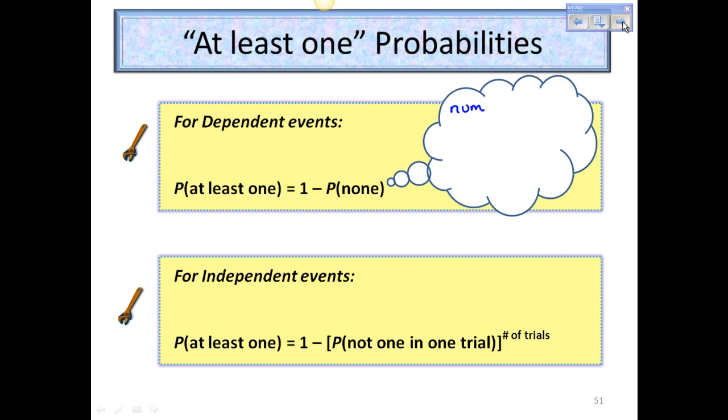So think numerator and denominator are decreasing by 1 for each trial.